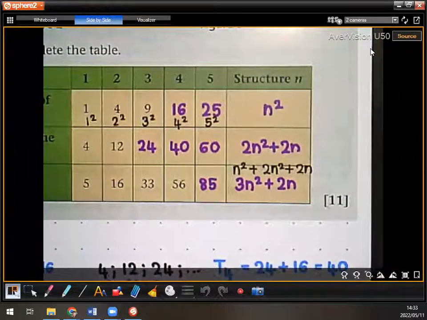Or you could have gone the long way around. You could have written this out as a number pattern and calculated a and b and c. It also would have worked. But it is quite nice to also find it this way.